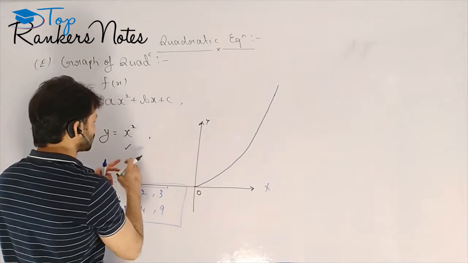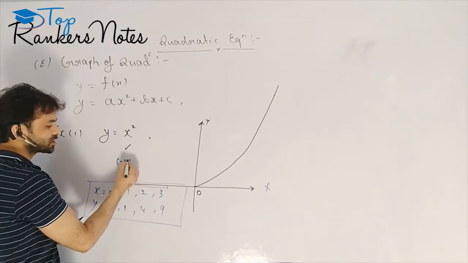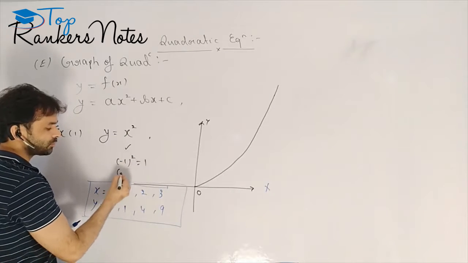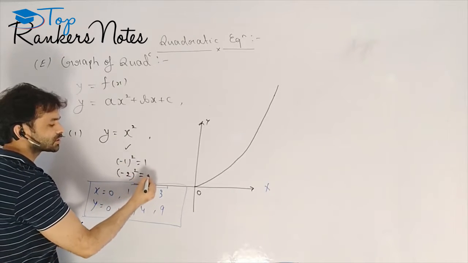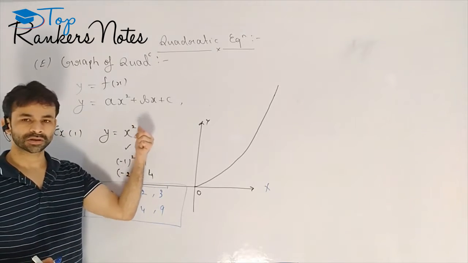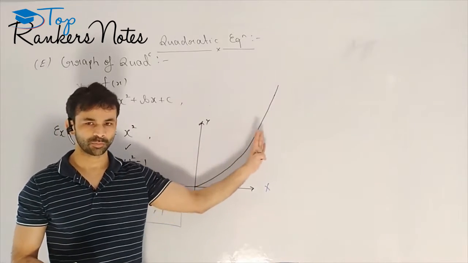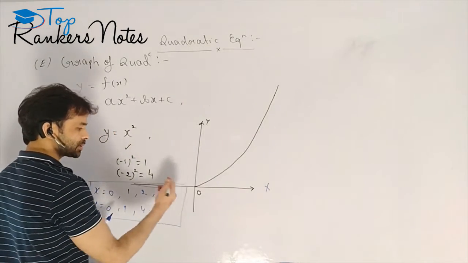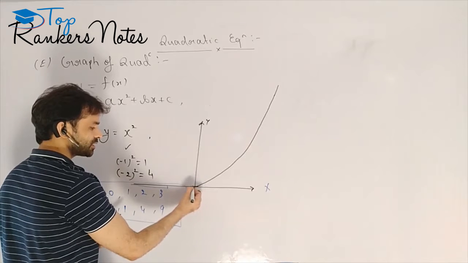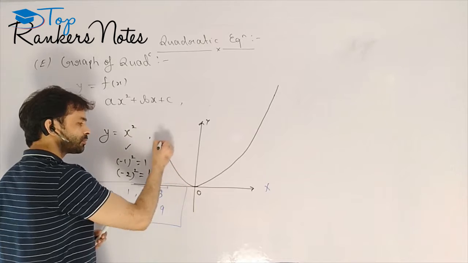So for negative part, this will give you same values. Okay. Minus 1 square is same as 1 square. Minus 2 square is same as 2 square. Okay, so this will give you same values. So here this has to give you same values as for the positive part. So here the graph will be same like this. Means you can say image of this same.